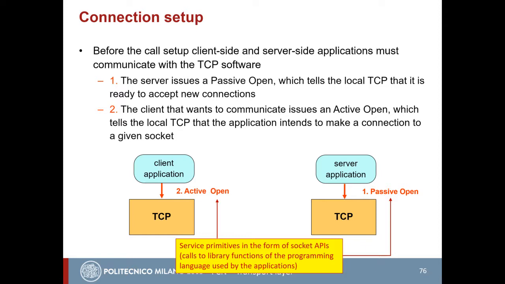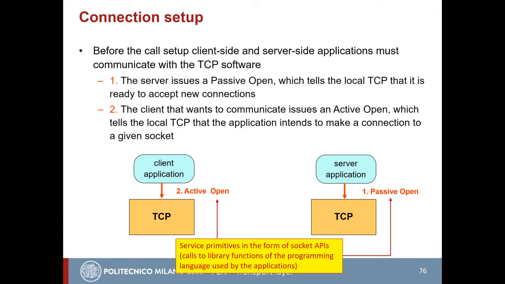Obviously here, when the client application sends an active open to the operating system, it will have to identify the server application by specifying the IP address of the server host, plus the port number, that is the well-known port of the server application. In the HTTP case, it's port number 80.